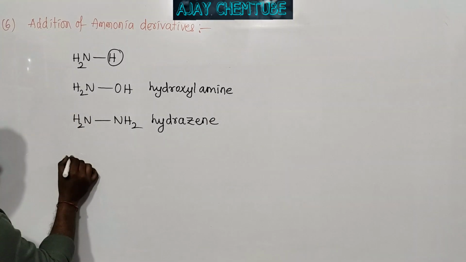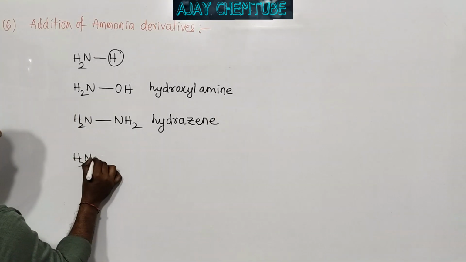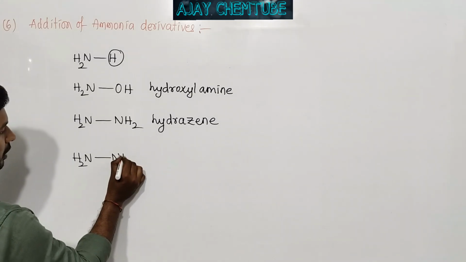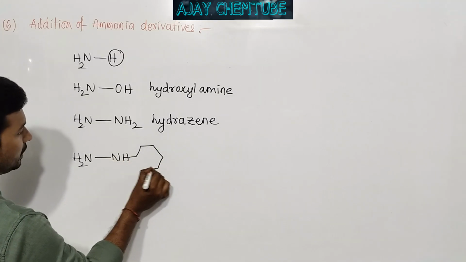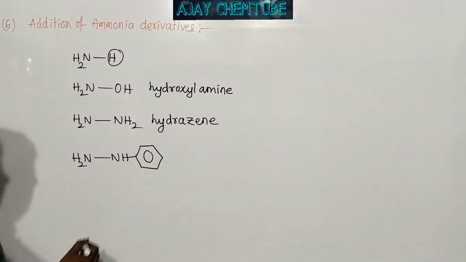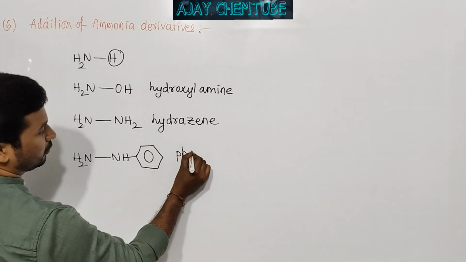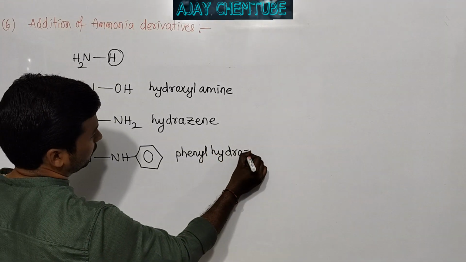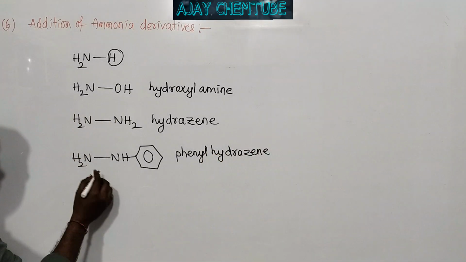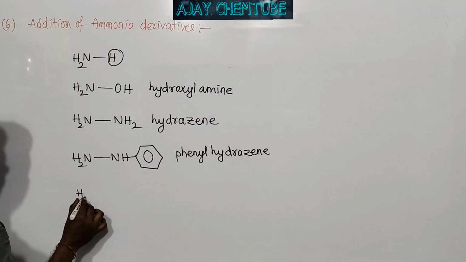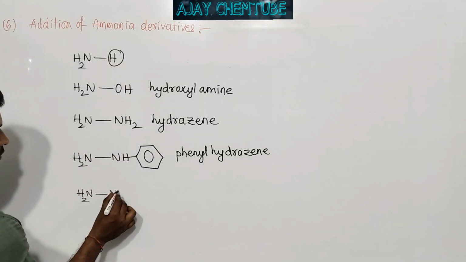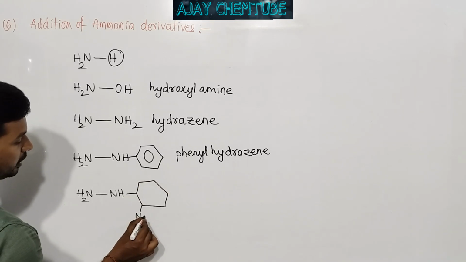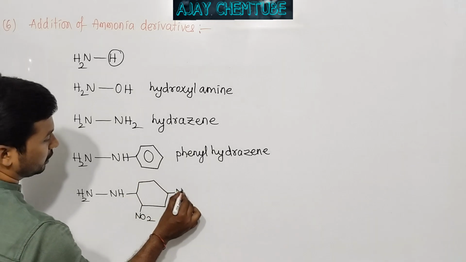Or instead of hydrogen I am taking NHPh, phenyl. This is what? Phenyl hydrazine. Or instead of this H I am taking the same but at 2,4 positions. At the 2 position nitro, at the 4 position nitro.